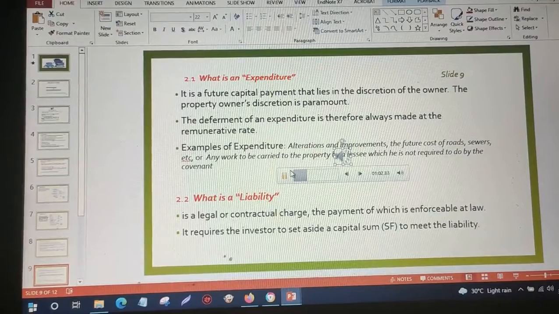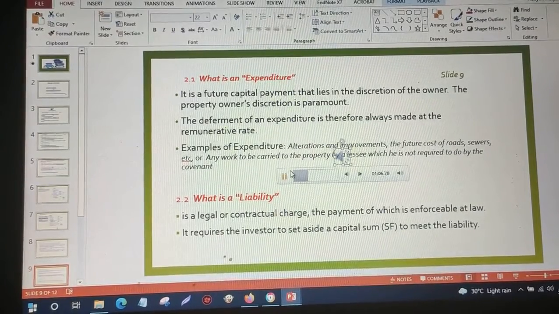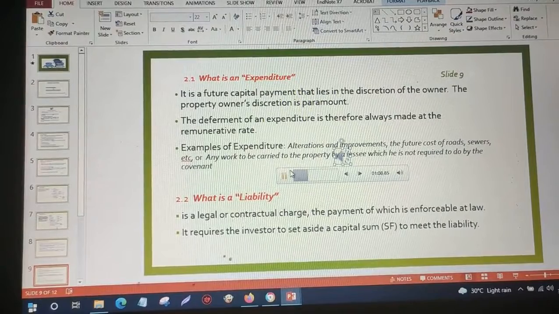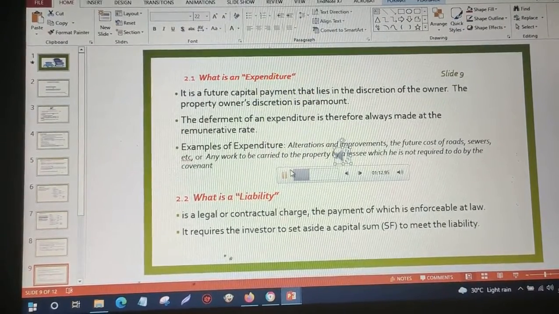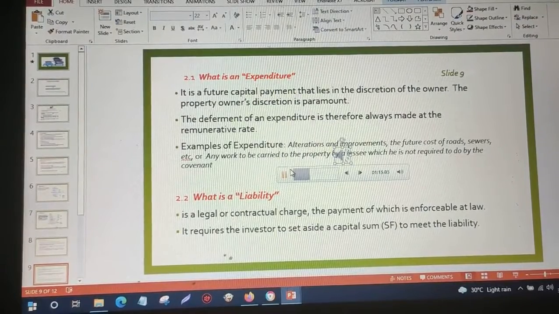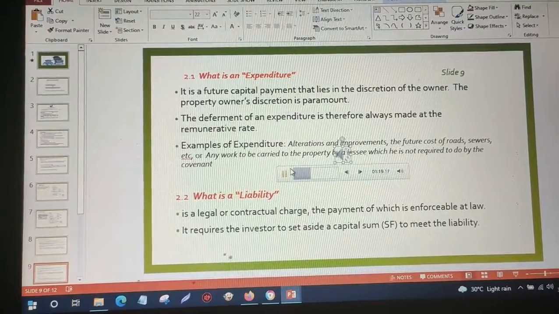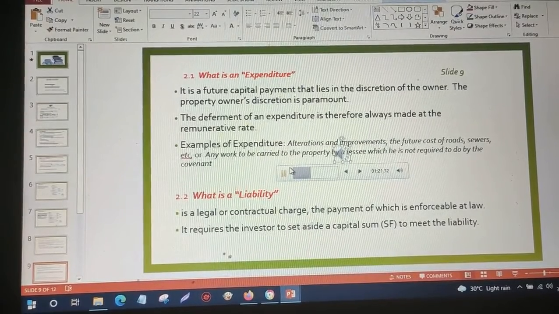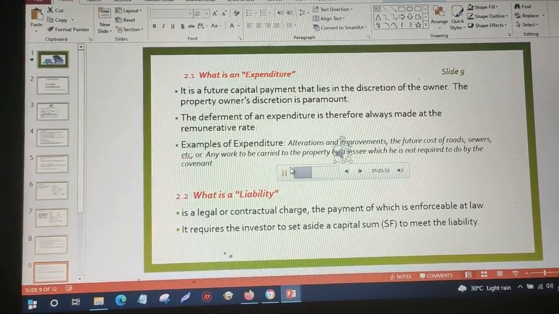So that is why the deferment is usually at the remunerative rate, at the market rate, if you like, because it's not under any compulsion, and in most cases such expenditure will enhance the value of the property. So the interest expected from such expenditure is related to the market value.